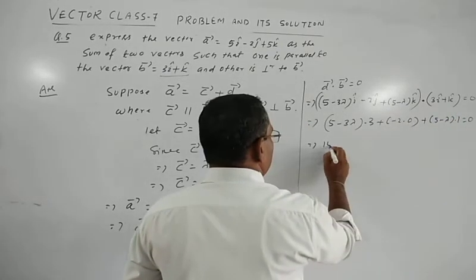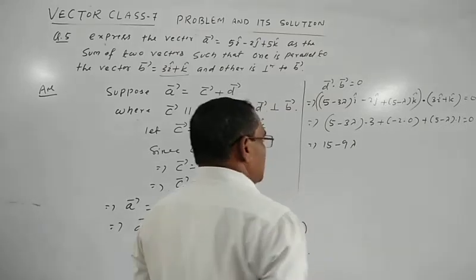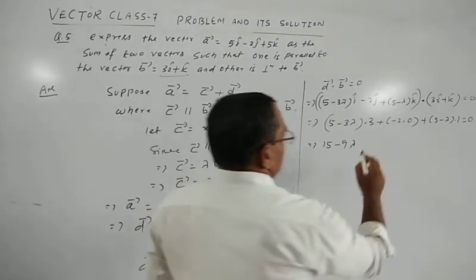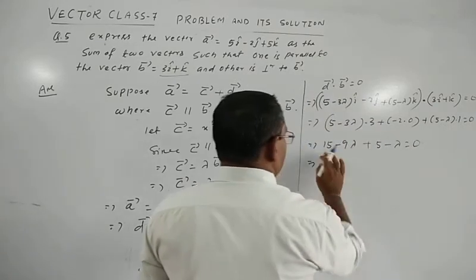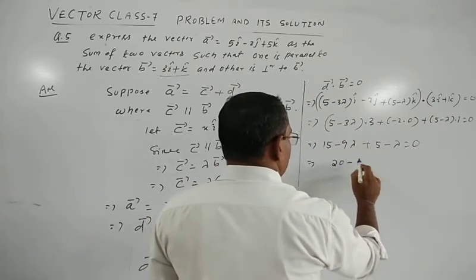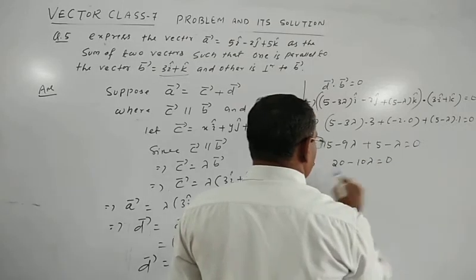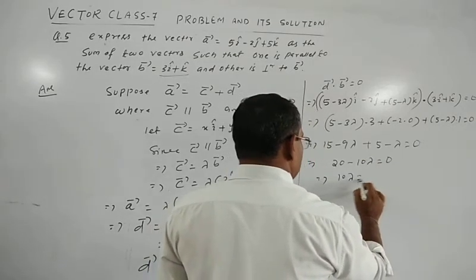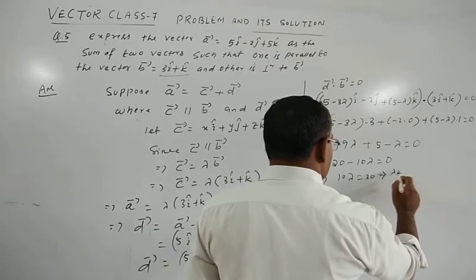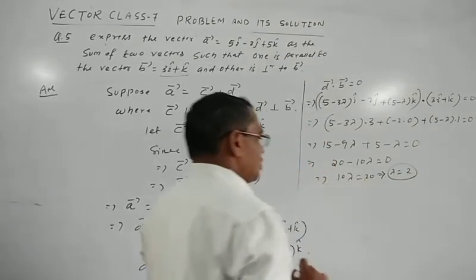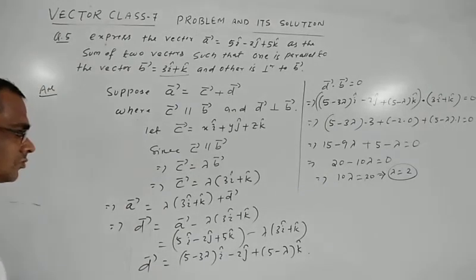That implies 15 minus 9 lambda plus 5 minus lambda is equal to 0. So 15 plus 5 is 20, minus 10 lambda is equal to 0. That implies 10 lambda is equal to 20, so lambda is equal to 2. Okay.